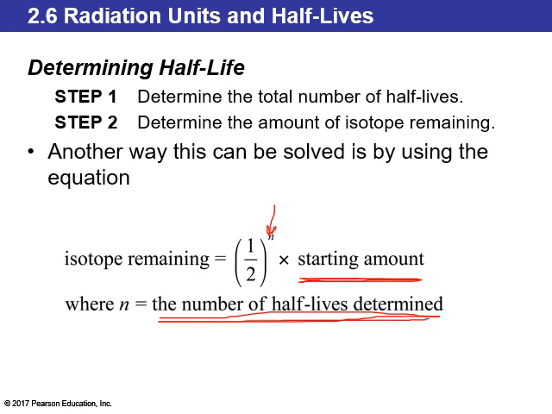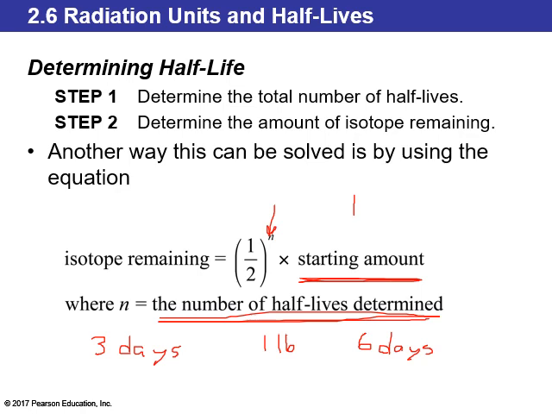So if I tell you that our half-life is 3 days, we start with 1 pound of radioactive material, and 6 days have gone by. How much of that material do we have left?